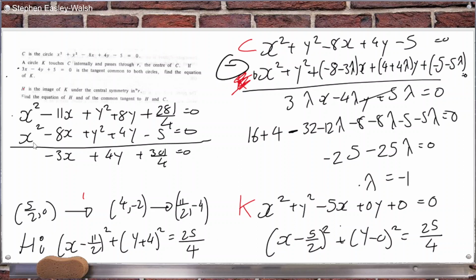So we'll just clean this up. Could multiply by -4, so we get 12x - 16y - 301 = 0. I'm not 100% convinced I didn't make any mistakes. I'm not thrilled about that 281/4.